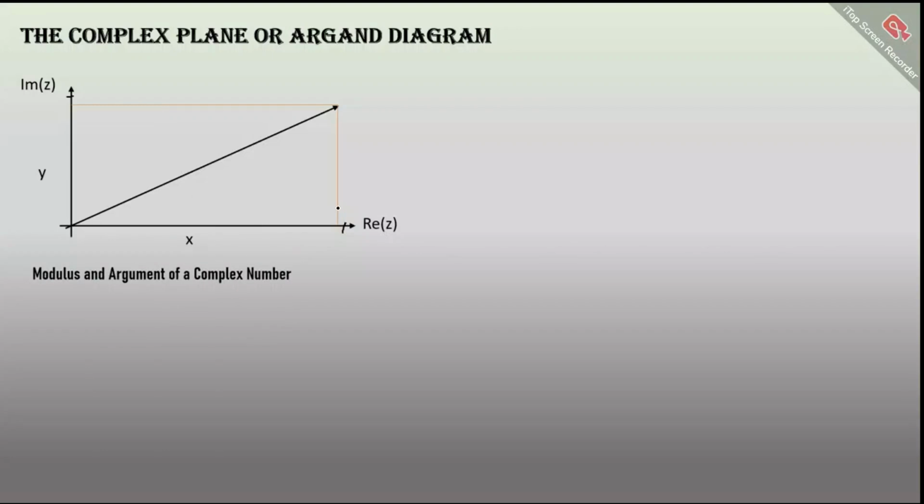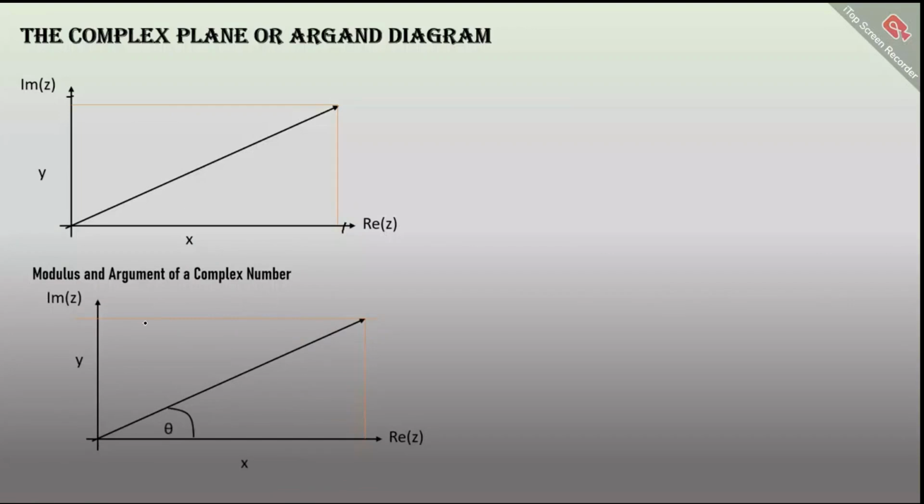So the modulus: this is the diagram. The modulus is going to be the length of this line. This is going to be theta, which is known as the argument, but the modulus is from here to there. Let me even denote it.